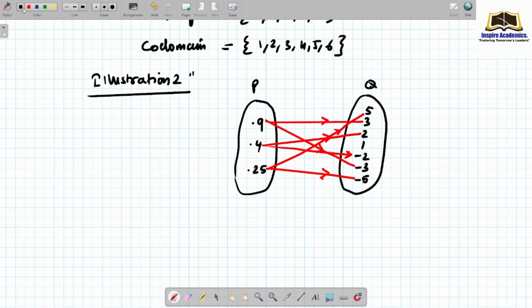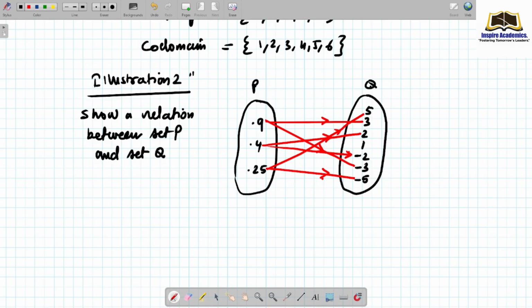The question asks: show a relation between the set P and set Q. Write this relation in set builder form.